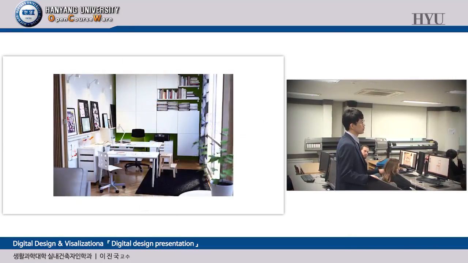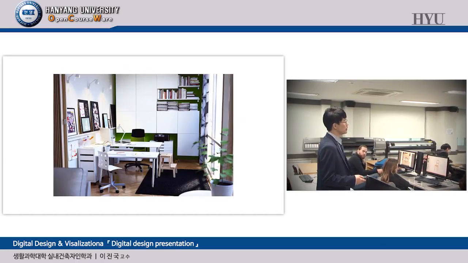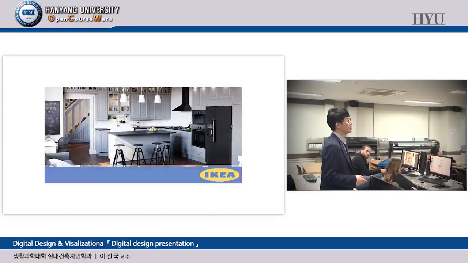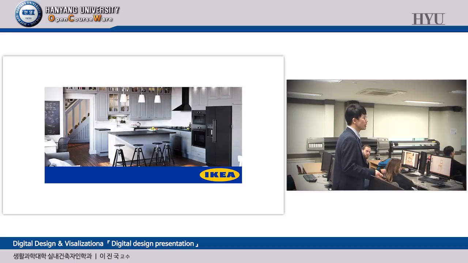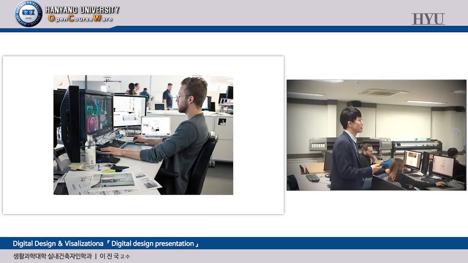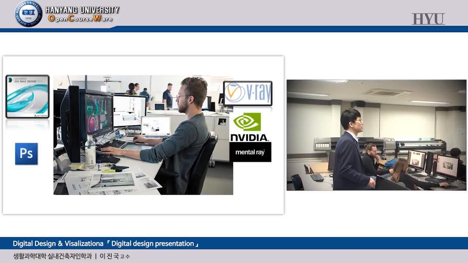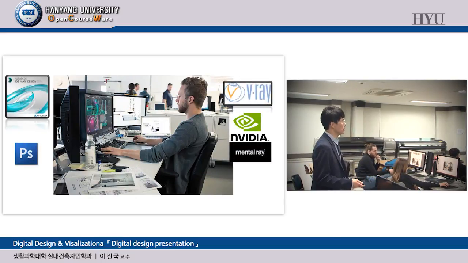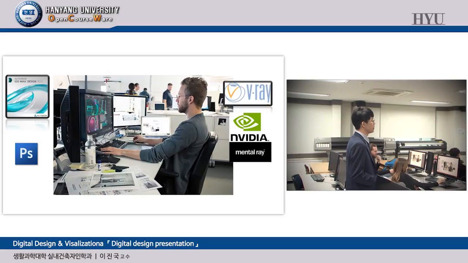This kind of photorealistic professional rendering output in an IKEA brochure, all of it is digital, okay? For several reasons. It's done by someone like this guy. He used lots of digital tools, applications, environments, computing hardware, software.